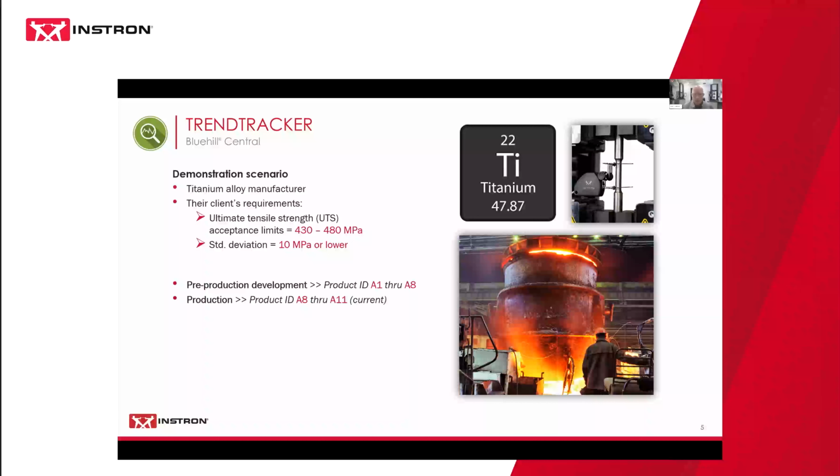And at some point in those iterations, we've fulfilled the requirements, and then we're comfortable releasing this to production and selling it to the client. So that's setting the scene, where all of what we're going to see is all the testing, all the tensile testing.